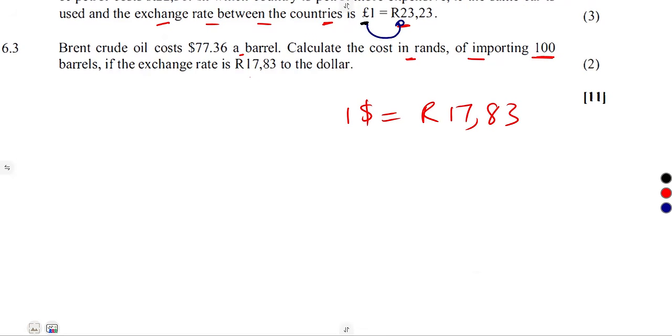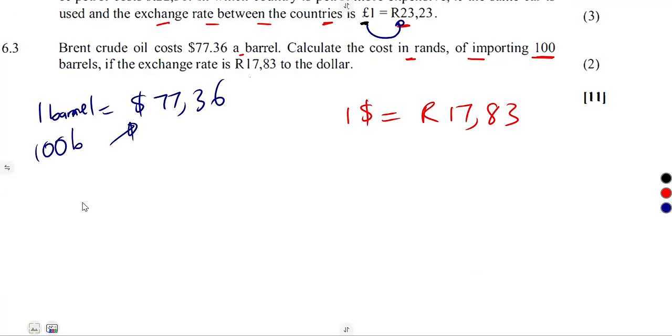All right. So let's calculate the total cost in dollars. If one barrel is equivalent to $77.36, what about if they are 100, guys? It's just multiplying by 100.